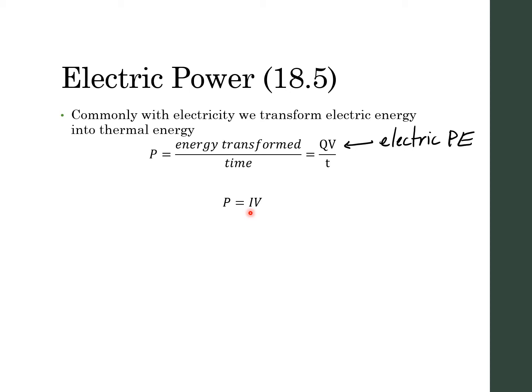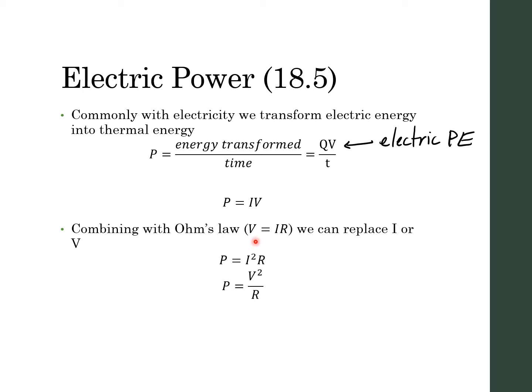However, what if we don't have the current? Well, we can use Ohm's law to rearrange this particular right side of the equation a couple different ways if we don't have the current or the potential. So depending on how we replace either the current or the potential, we have two new equations for power. So we have P is equal to IV.